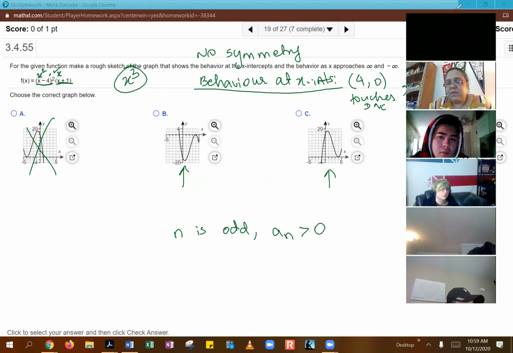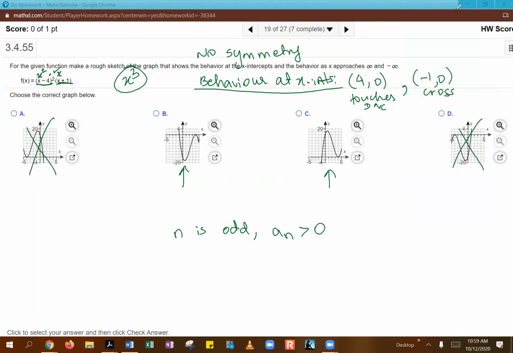As x goes to infinity, y goes to infinity, and as x goes to -infinity, y goes to -infinity. Alrighty, so when it's odd and positive leading coefficient, remember you can just use the line y equals x. So in this case, as Brandy mentioned, as x is going to positive infinity, which is this direction, your y is also going to positive infinity.